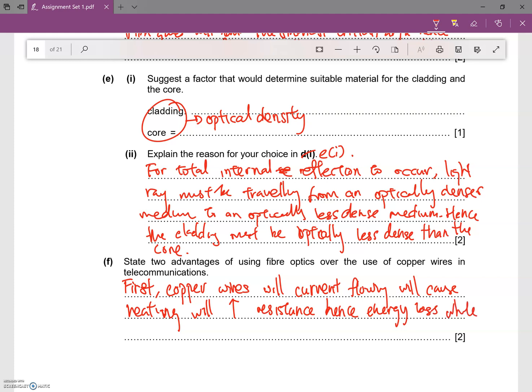While fiber optics will not experience such an issue.